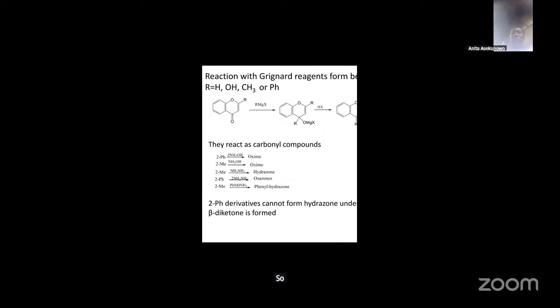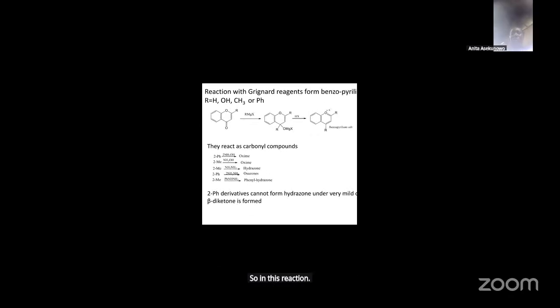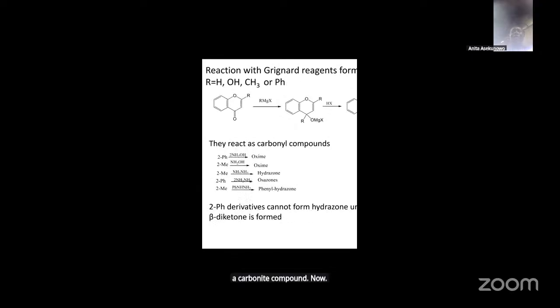So in this reaction, we are talking about these compounds, flavone and chromone, reacting as carbonyl compounds. Now, a question can be, how can you differentiate in their reactions between flavone and chromone?